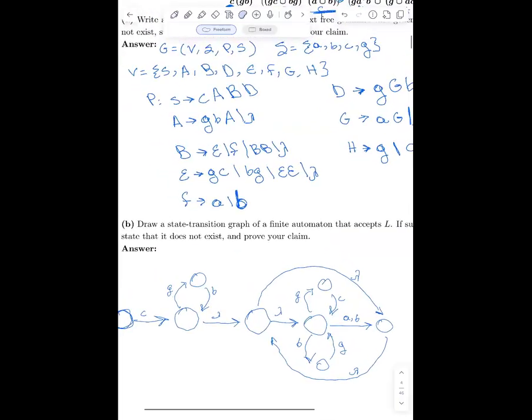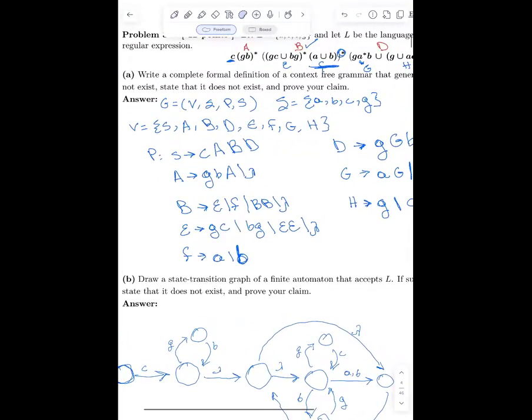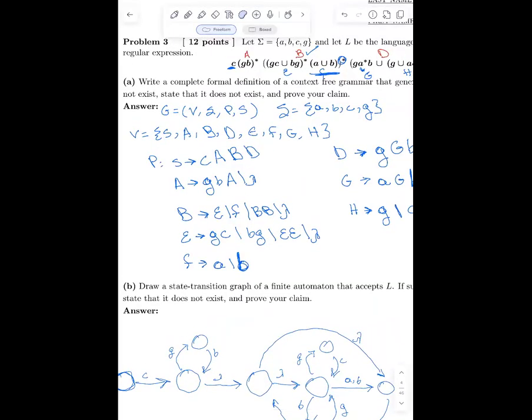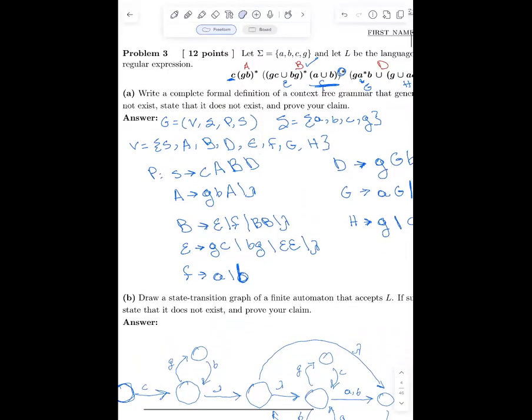Question about B. For B, EF, B, lambda, should it be? No, because as you can see, then B can be 0 or more.